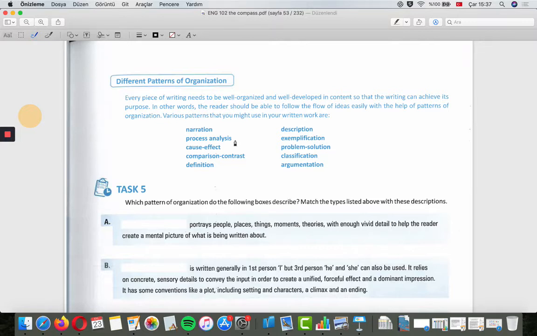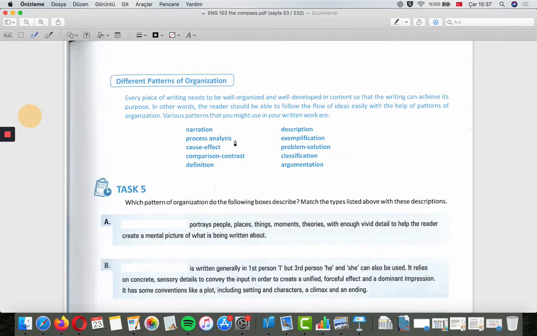For cause and effect, you can also say reason and result. It could be a compare and contrast paragraph, where you compare two things or talk about the differences of them when you contrast. It could be definition, when you define something. It could be description. It is quite similar but not the same. You will see it.